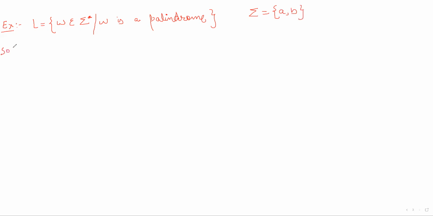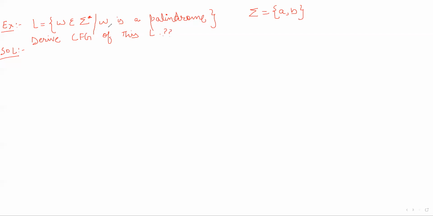So let's write the solution. You are given this language, derive a context-free grammar of this language. You have to derive a context-free grammar that will generate this language.